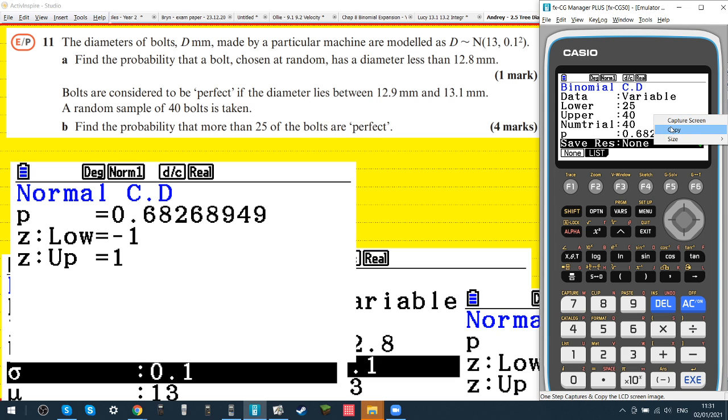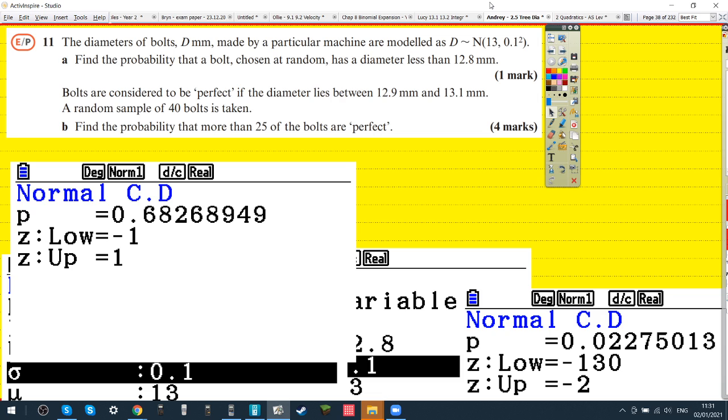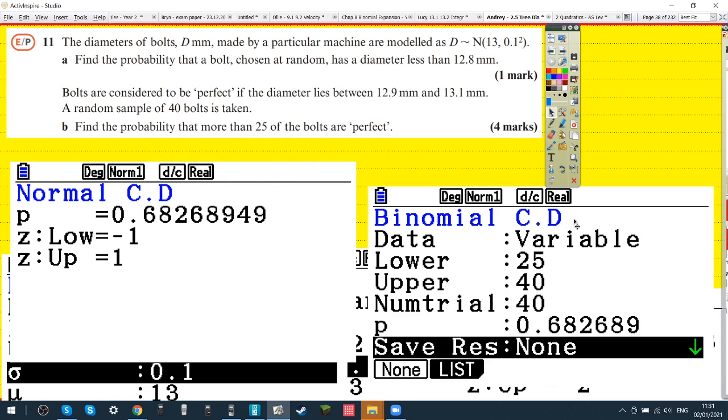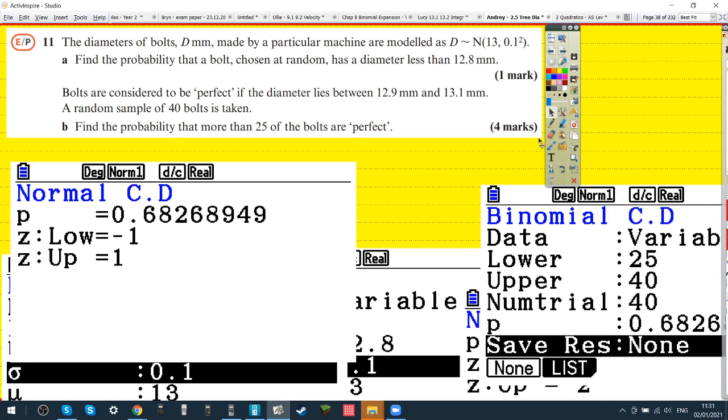And so the probability that they are perfect is normally distributed with a mean of 13 and standard deviation 0.1, between 12.9 and 13.1. You get the probability that they're perfect, and then you use that for binomial distribution.